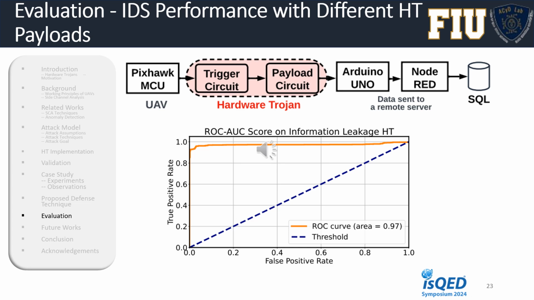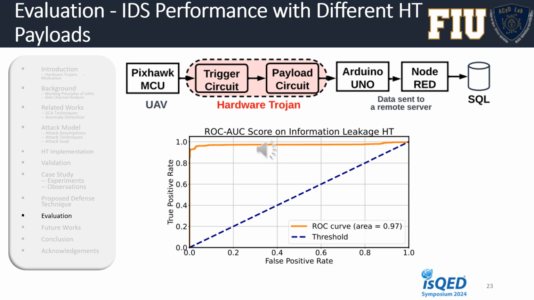In this case, it could be sensor data like orientation, altitude, the distance it has traveled, its velocity, everything over to a remote server. This is done using Node-RED, and we would basically forward that data over to an SQL database.